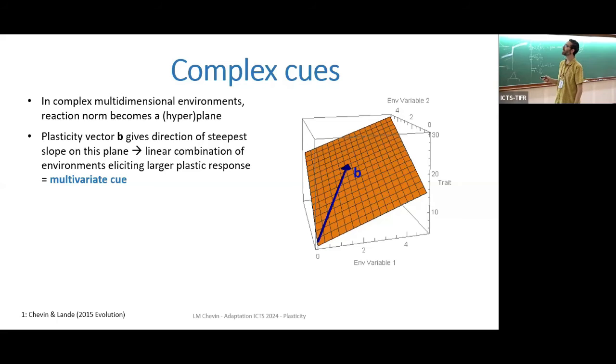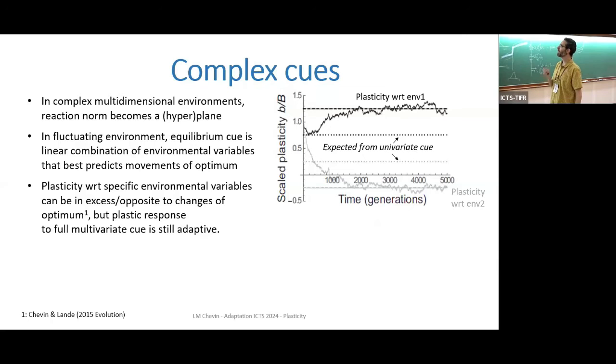And then the reaction norm plasticity vector just gives the direction of biggest slope in this plane. So you could call that the Q, the phenotypic Q. Multivariate Q is the combination of environments that causes the biggest plastic response in the trait, right? If you change a little bit of this one and a little bit of this one, you get the stronger plastic response. So this is kind of the multivariate Q that evolves.